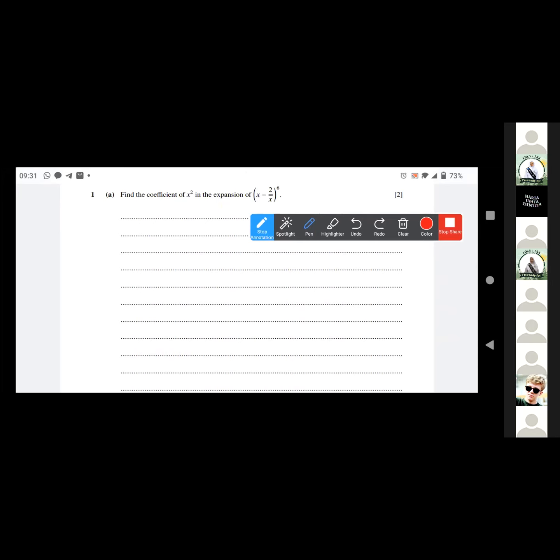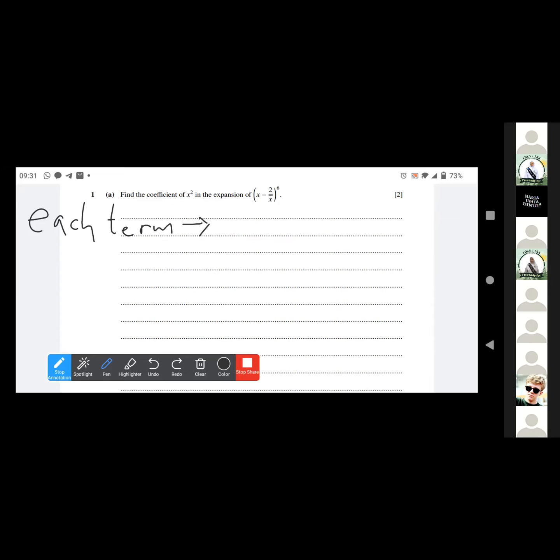So each term basically looks like this. This is to the power of 6, so the coefficient will be 6 choose something, just like before.